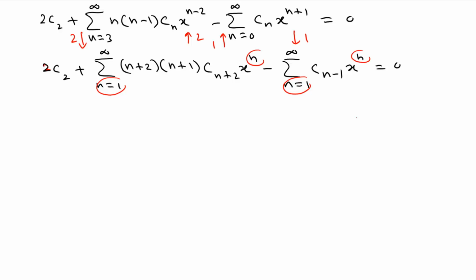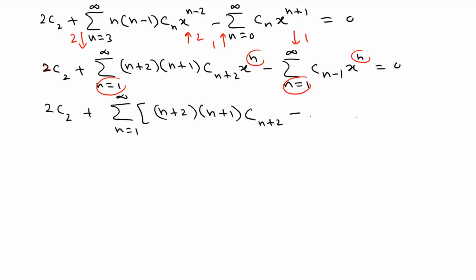So we can combine them into one. Once you combine them, you can rewrite this as 2c2 plus sigma n going from 1 to infinity of (n plus 2)(n plus 1) c_(n+2) minus c_(n-1), times x to the n, equals 0. Now we know that this is a power series.